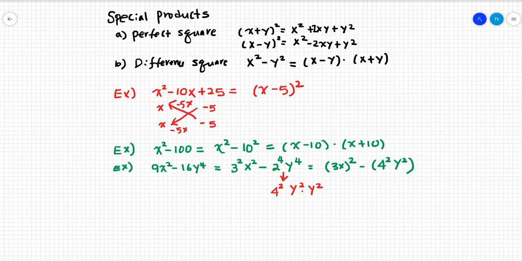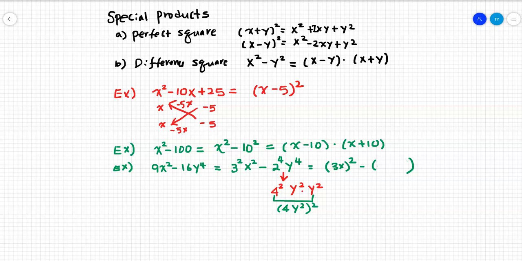Instead of having 4 squared there, if you want to put this thing together, we can rewrite it as 4y squared, all squared.